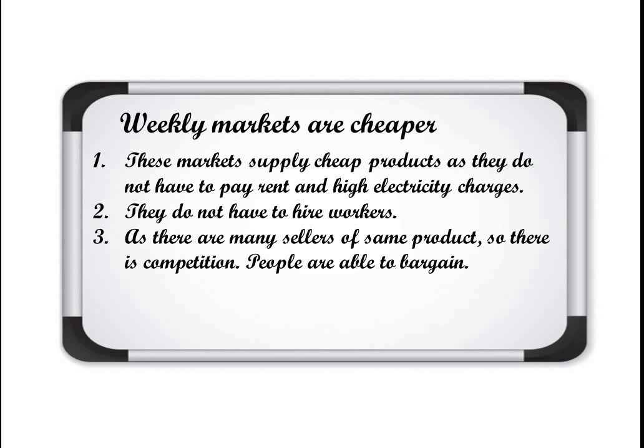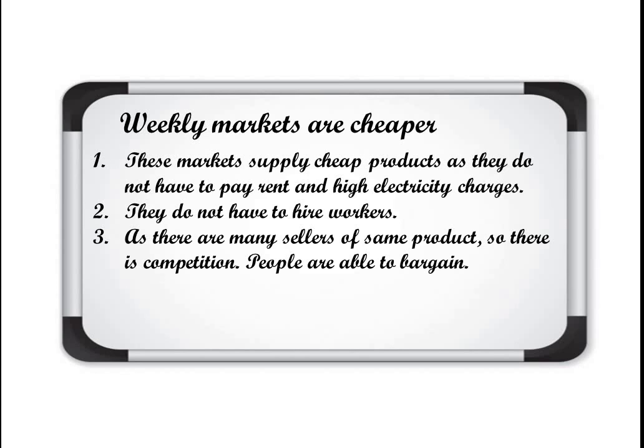The buyers will not go to that particular seller. Obviously, when they are getting the same product from others at a lower rate, why would people go there, isn't it? And in that case the people are able to bargain even. Clear? So these are the reasons why things are cheaper in the weekly market.